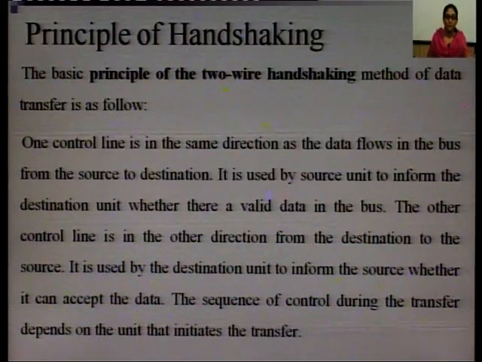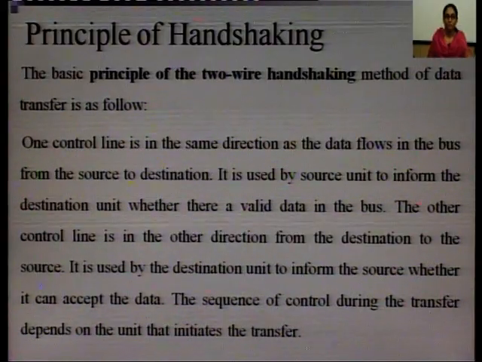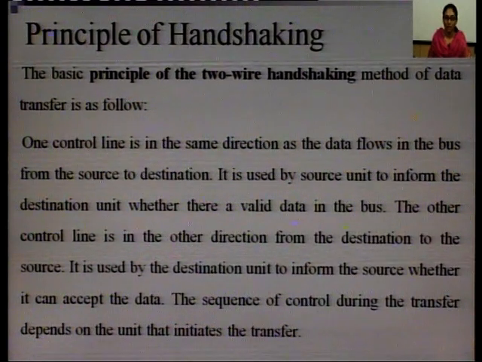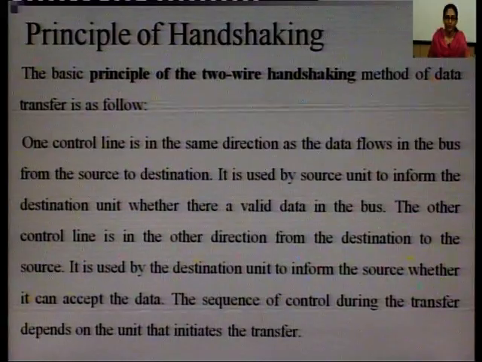Now the principle of handshaking: the two-wire handshaking method is used. One control line is in the same direction as the data flow in the bus, from source to destination. It is used by the source unit to inform the destination whether there is valid data on the bus or not. The other control signal is in the other direction, from the destination to the source side.